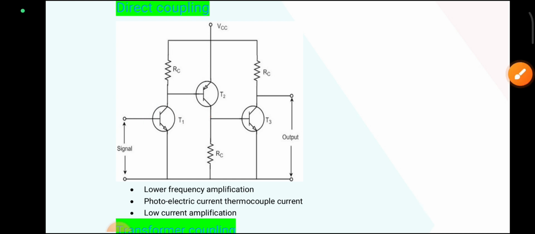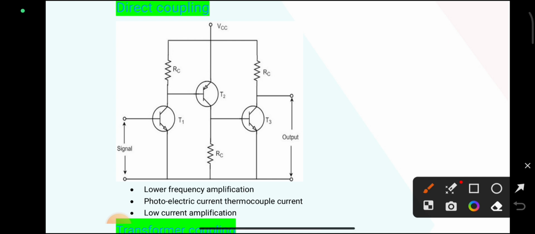The variations, for example IC or beta: how much the beta changes in T1, that amount of the beta change will be cancelled in T2. So this is about the direct coupling multi-stage amplifier.